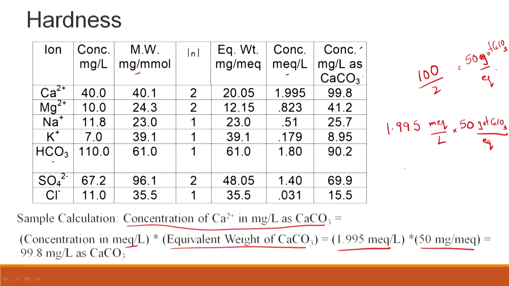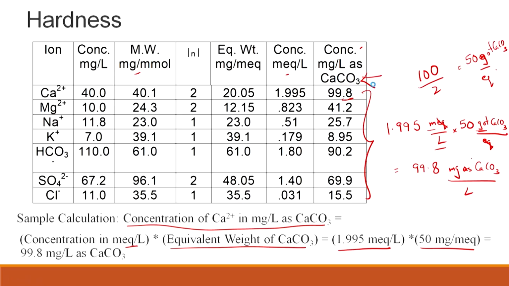Equivalent cancels out, and I end up with 99.8 milligrams as CaCO3 per liter. So similarly out here we have those concentrations in terms of CaCO3 now, right?